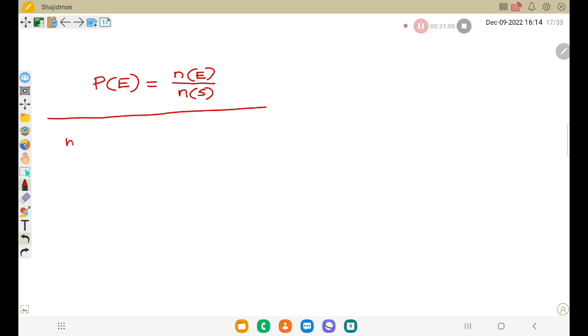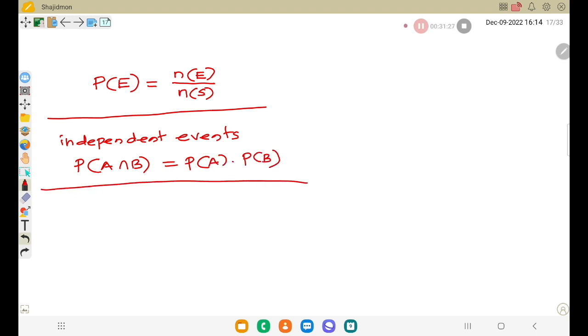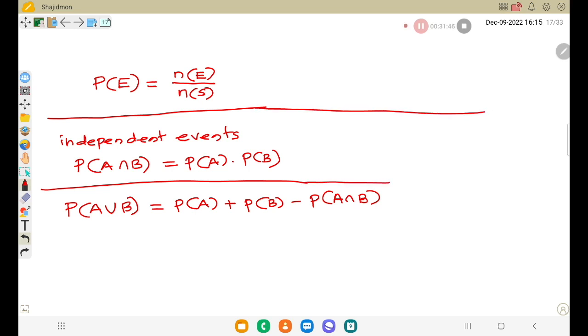After that we discussed the meaning of independent events: probability of A intersection B should be the same as probability of A multiplied by probability of B. Now after that we studied the addition rule: probability of A union B equals probability of A plus probability of B minus probability of A intersection B.